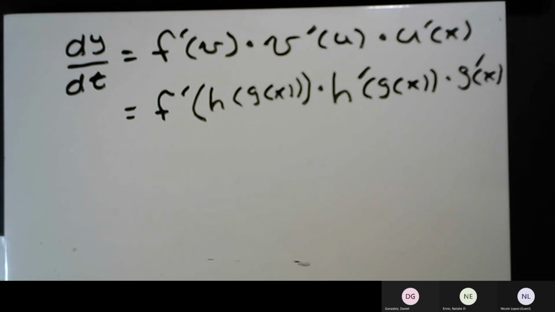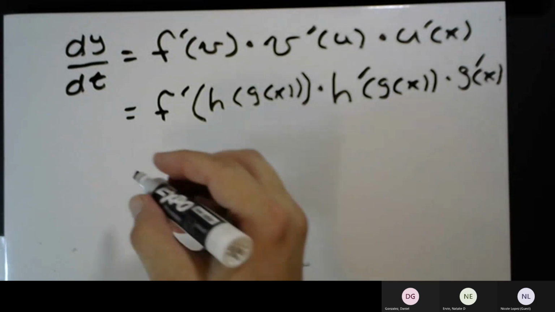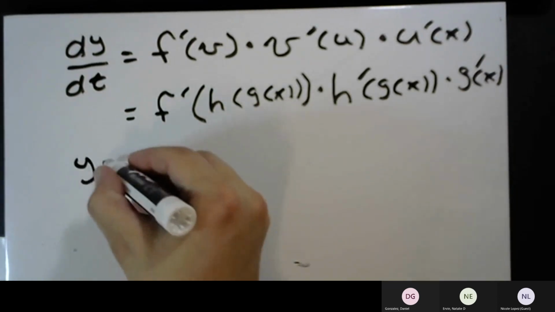So you can get multiple layers here. So any questions before we jump into it? All right. So again, let's take a look at our function here.